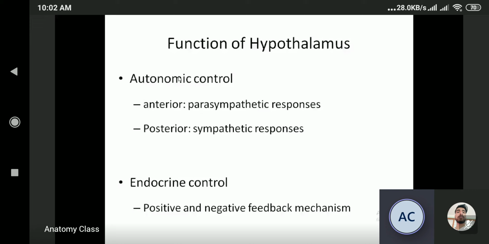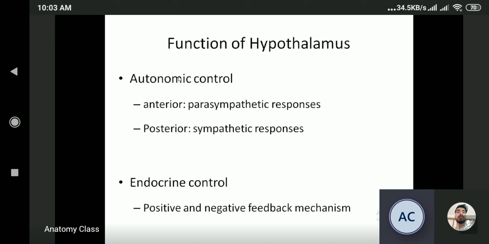It is supposed that the anterior part of the hypothalamus controls the parasympathetic response, while all the sympathetic response is controlled by the posterior part of the hypothalamus. Okay, anterior part controls the parasympathetic responses, while posterior part controls the sympathetic responses.